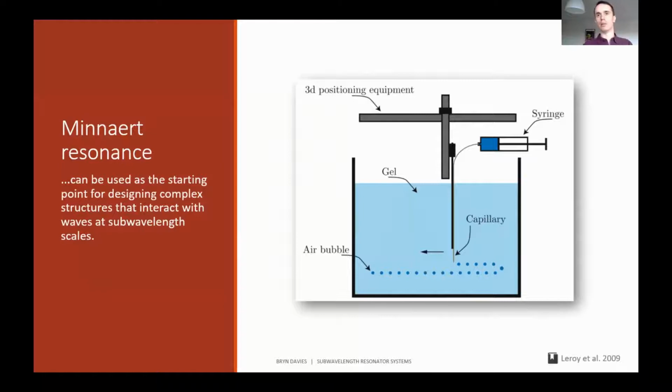For example, this is the experimental setup from a team at the University of Manitoba who were able to reproduce this behavior using gas bubbles injected into a polymer gel, which firstly replicates the material parameters of air and water quite well, but also has a relatively high viscosity, meaning we can start to design complex structures with a variety of exotic properties and applications.